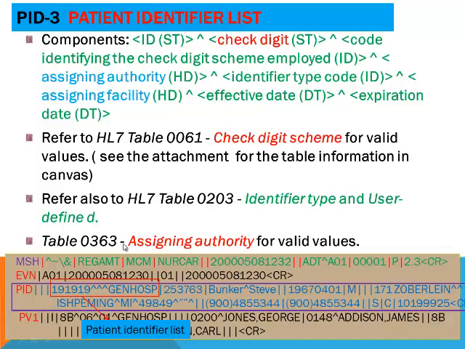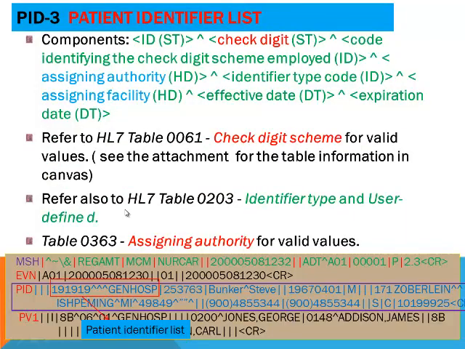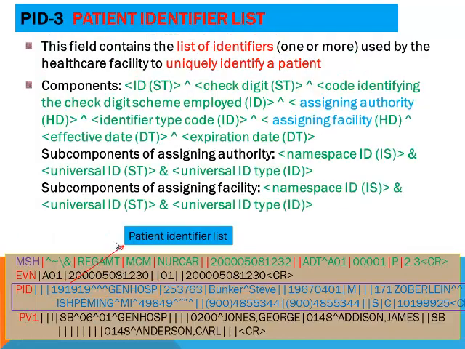We also have the assigning authority. For this one we generally see the namespace ID and the universal ID type here. For this one we also have a table, 0363, to identify this number.